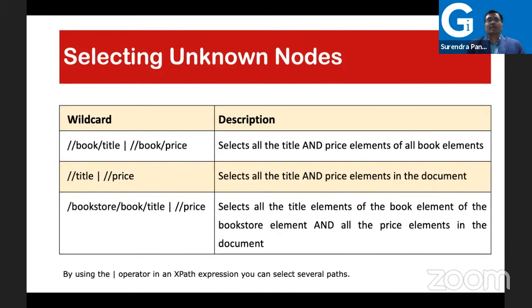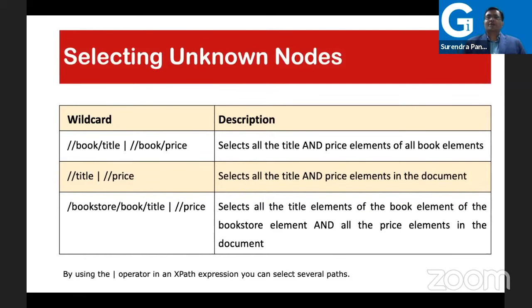You must be thinking about how these expressions work. These are some examples of writing wildcards, where you need to understand the meaning of the slash, just like in a regular expression you need to understand the pattern. Similarly, we need to understand the meaning here if you want to access a specific element.